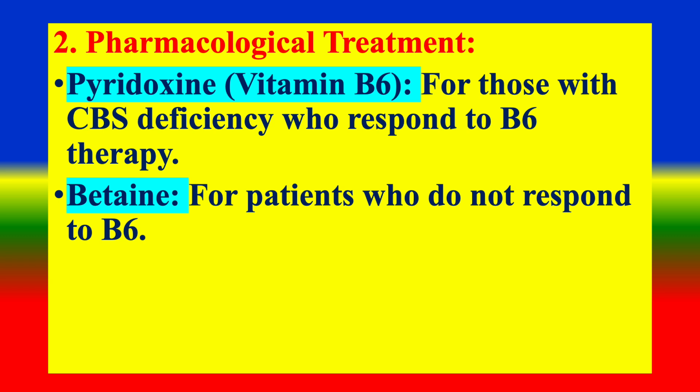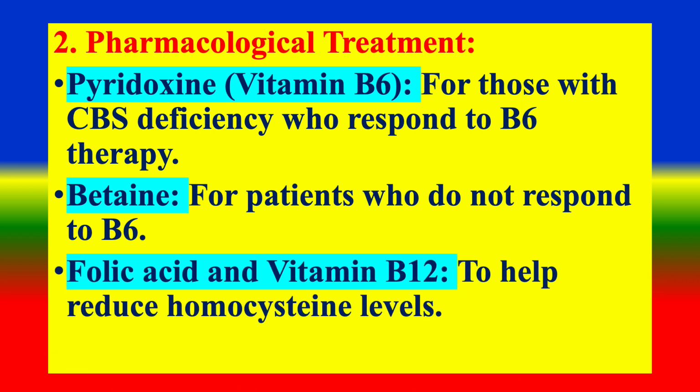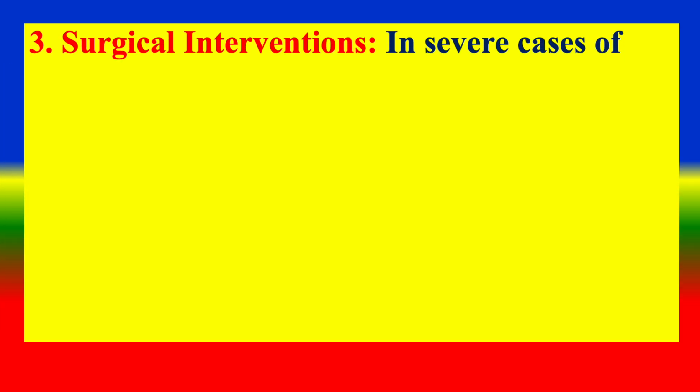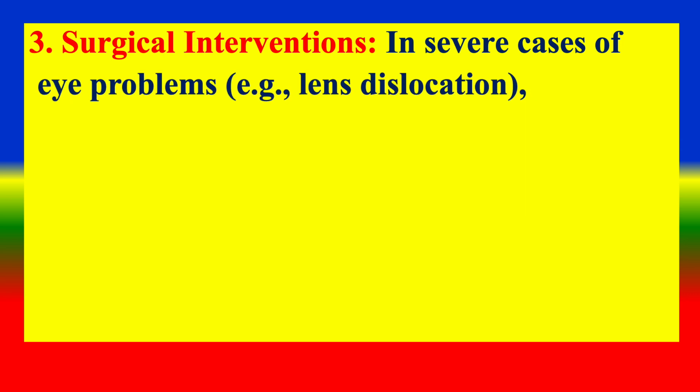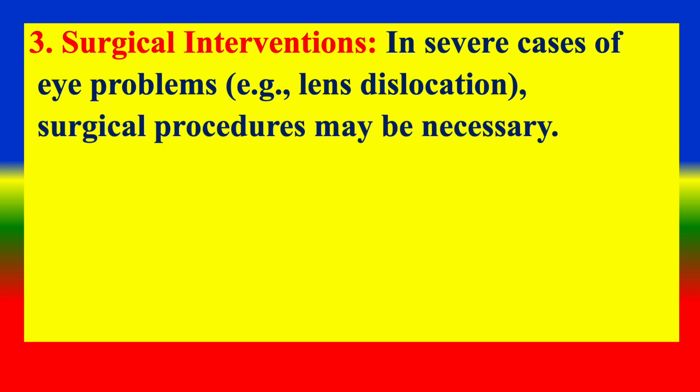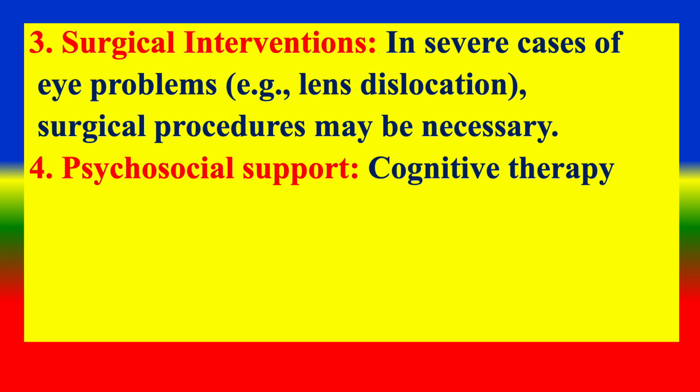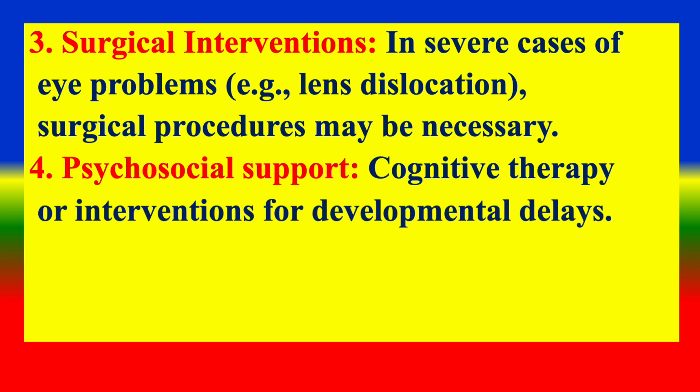Betaine for patients who do not respond to B6. Folic acid and vitamin B12 to help reduce homocysteine levels. 3. Surgical interventions. In severe cases of eye problems, for example lens dislocation, surgical procedures may be necessary. 4. Psychosocial support, cognitive therapy or interventions for developmental delays.